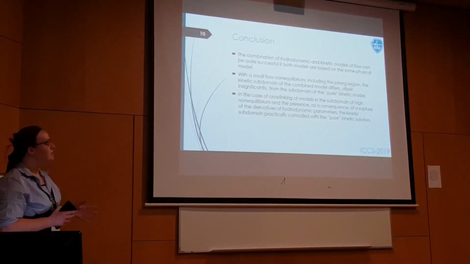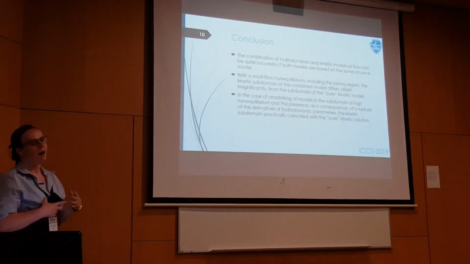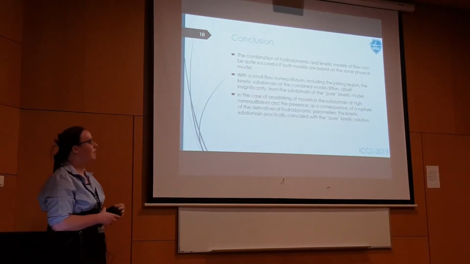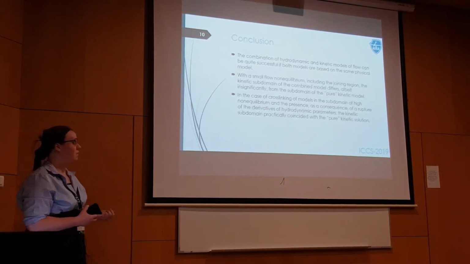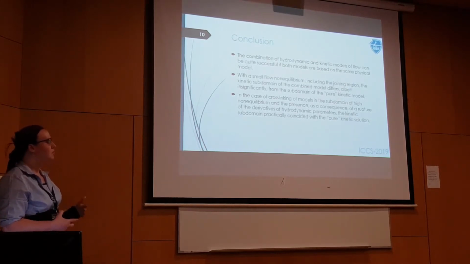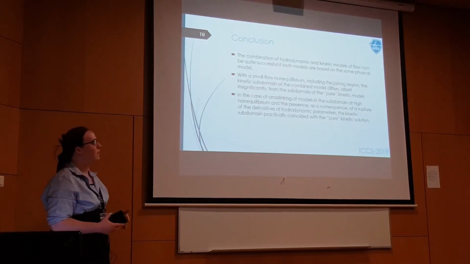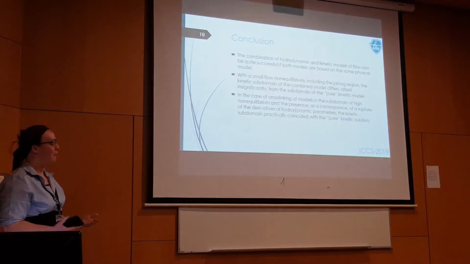And in the case of joining of models in the subdomain of high non-equilibrium and the presence, as a consequence, of discontinuity of the derivatives of hydrodynamic parameters, the kinetic subdomain practically coincided with the pure kinetic solution. And again, we don't know why this happens.